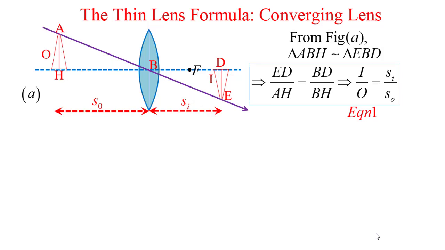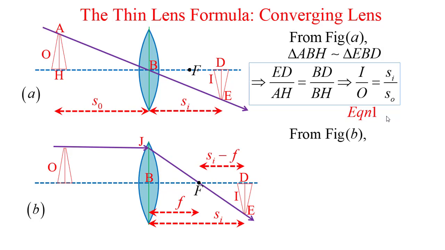Consequently, because the ratio of corresponding sides of similar triangles must be proportional, we can write ED over AH is equal to BD over BH. But ED over AH is simply the image height I divided by the object height O, I over O, and the BD over BH is equal to simply SI over SO, and you can refer to this diagram, and we will hold this as equation 1.